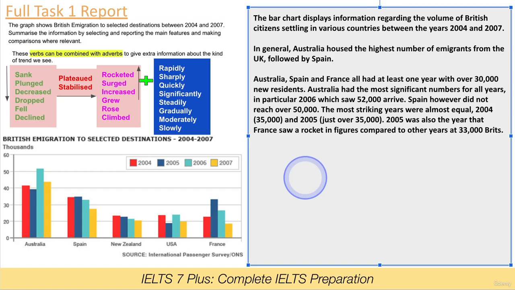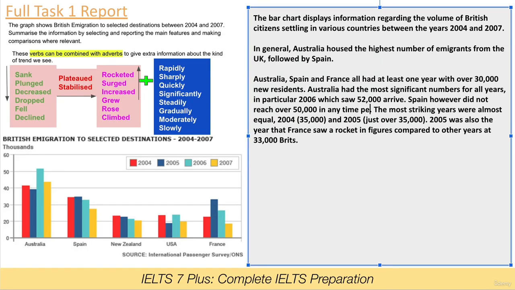Okay, let's read this back and see how it's sounding. Australia, Spain, and France all had at least 1 year with over 30,000 new residents. Australia had the most significant numbers for all years, in particular 2006, which saw 52,000 arrive. Spain, however, did not reach over 50,000 in any time period.